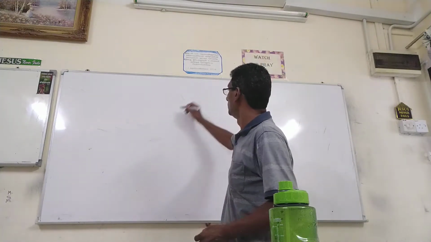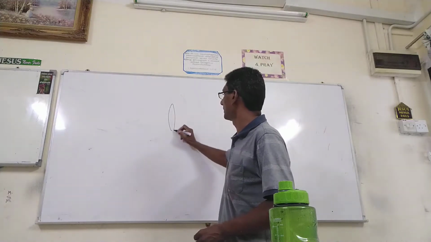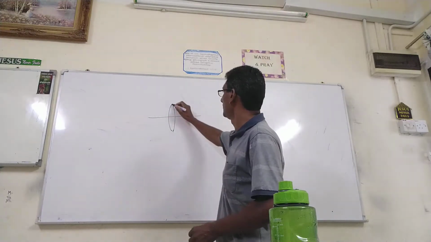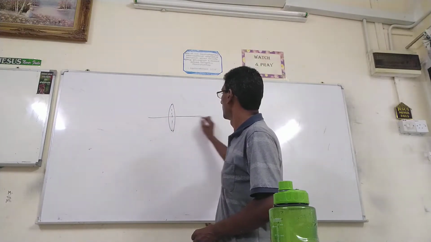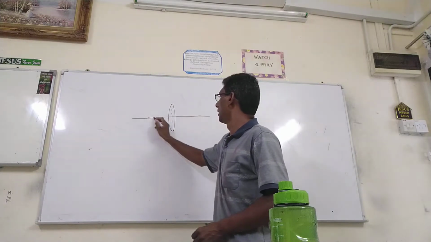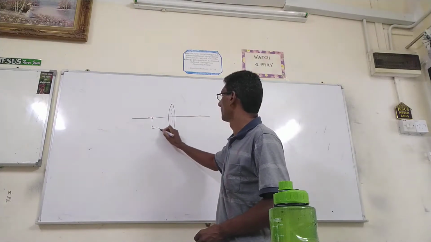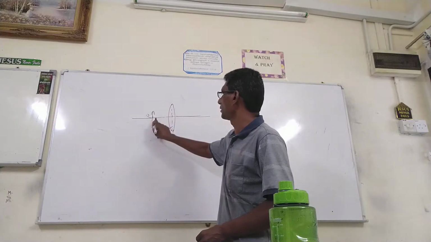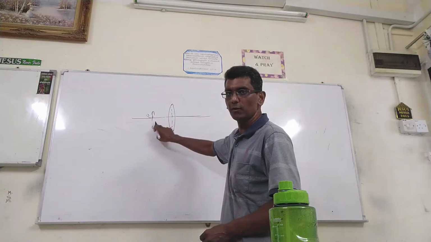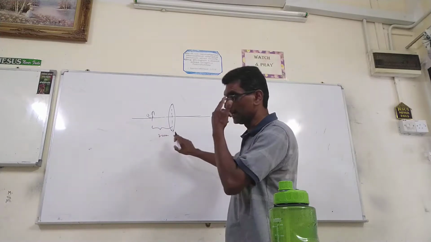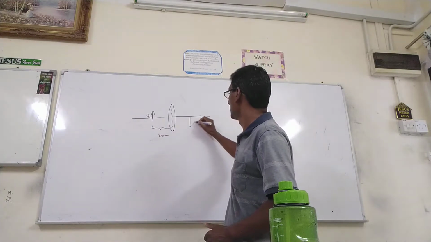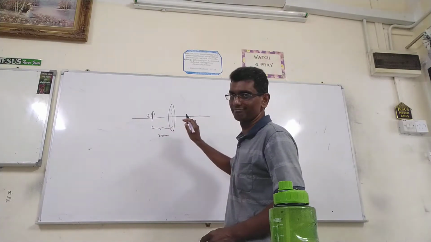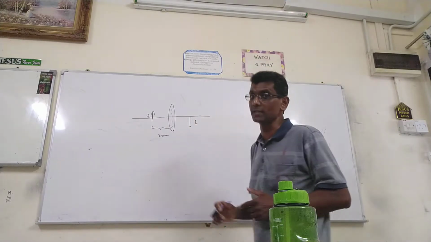For example, this is the lens. They place the object 20 cm before the lens and they get an image of the same size.